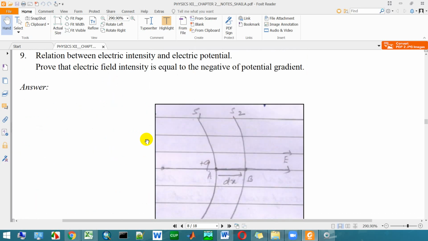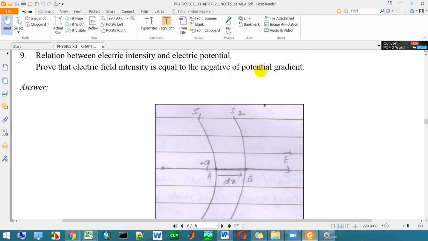Then the ninth question is to get a relation between electric field intensity and electric potential, and to prove that electric field intensity is equal to the negative of the potential gradient. You need to understand this particular question. The word gradient means the fall of potential with distance.